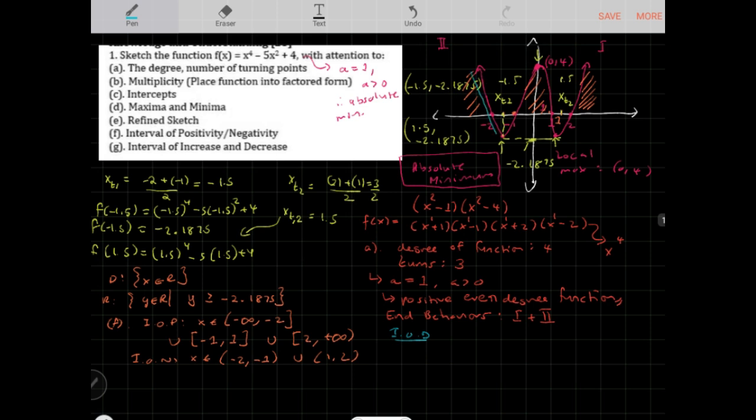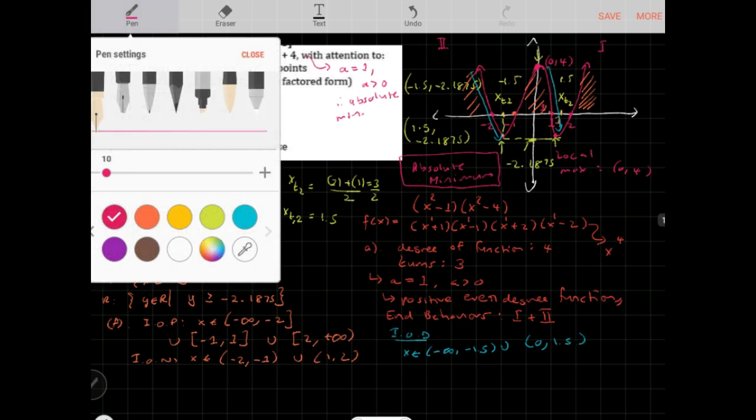You can see one here, between negative infinity and negative 1.5, the turning point. So interval of decrease, x belongs to negative infinity, negative 1.5, union 0 and 1.5.